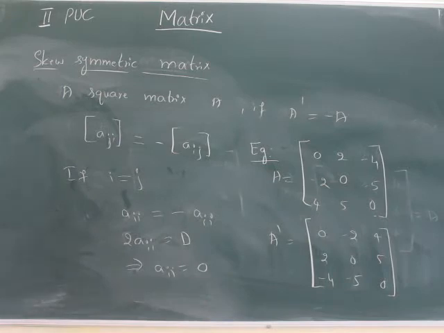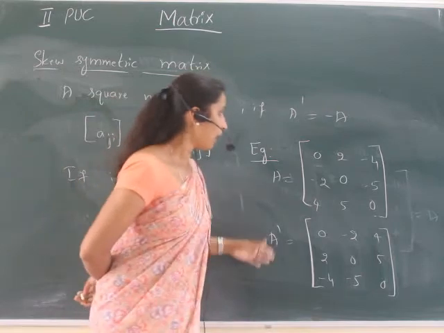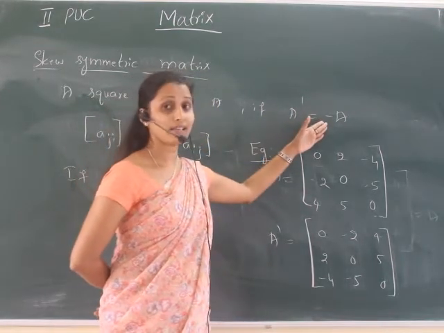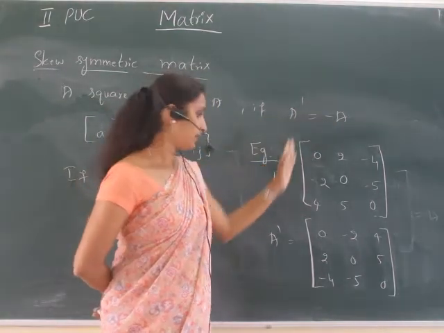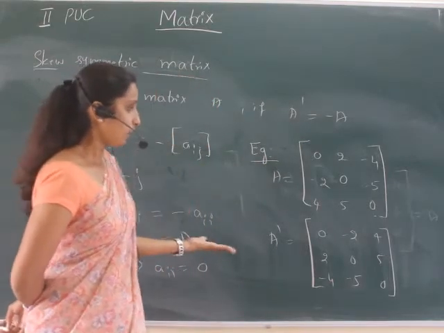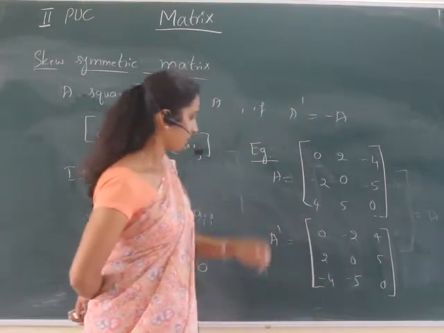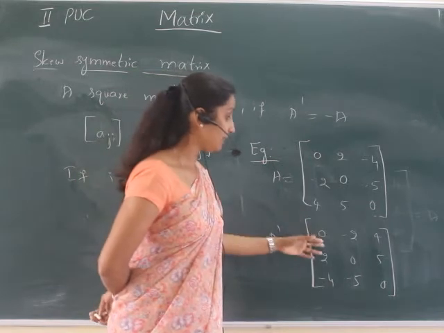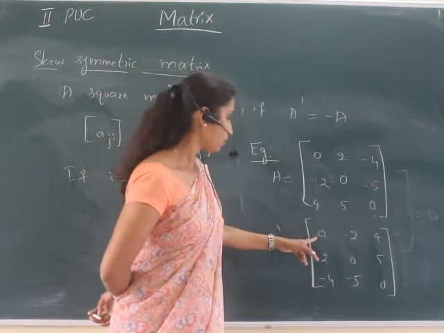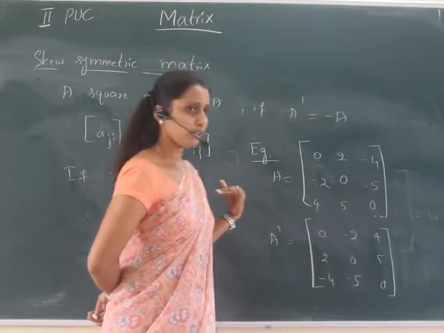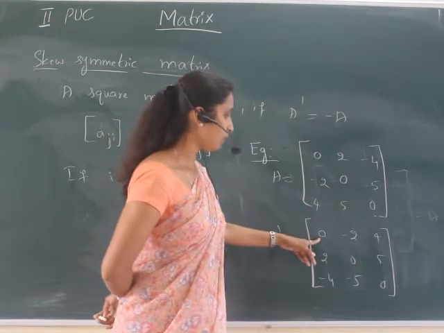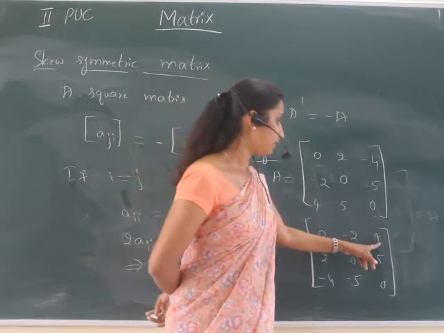Now after A transpose, we have to get A transpose is equal to minus A. So is it possible to write it as minus A? If I take a minus sign outside, where it is 0 we can take minus outside. So if I take the minus sign outside, here becomes plus and here becomes minus.